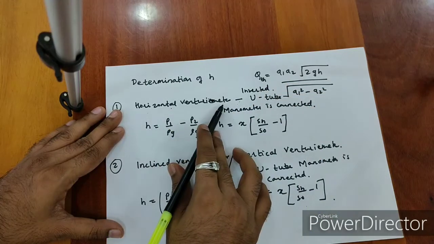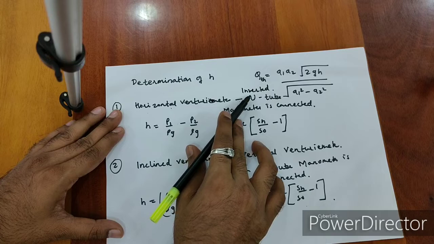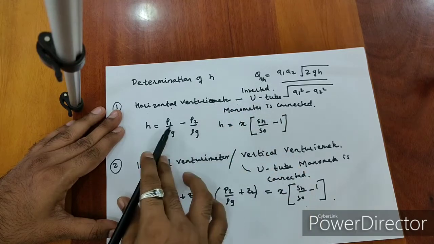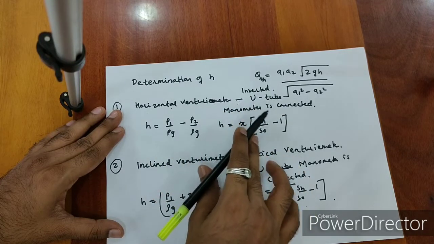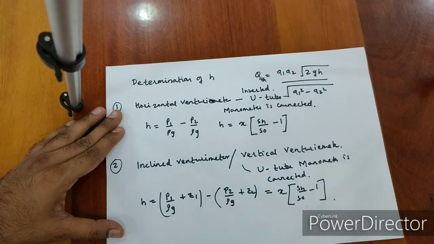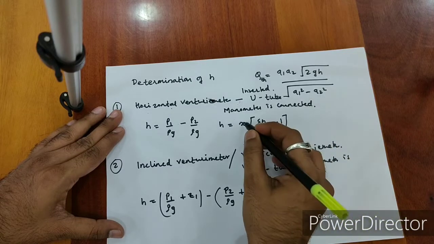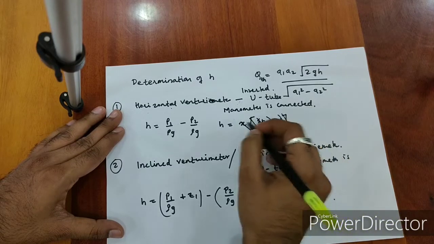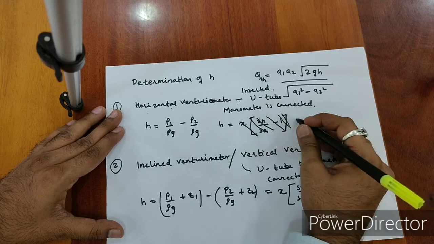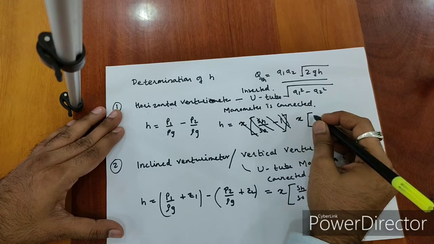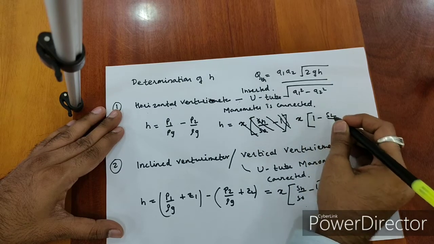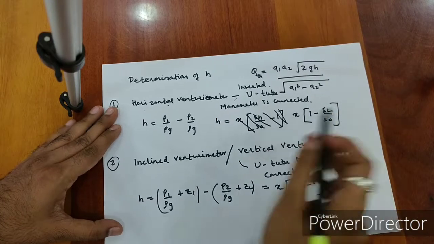So this is a horizontal Venturimeter connected with an inverted U-tube manometer. In case of an inverted U-tube manometer, the manometric liquid is lighter, it is not heavier. In case of U-tube, the manometric liquid is heavier, mercury. So this H will not be equal to this. H will be equal to X bracket 1 minus SL by SO.